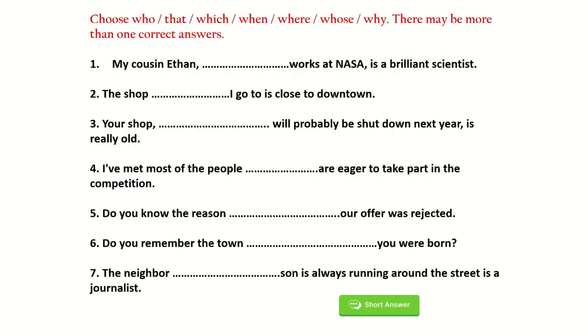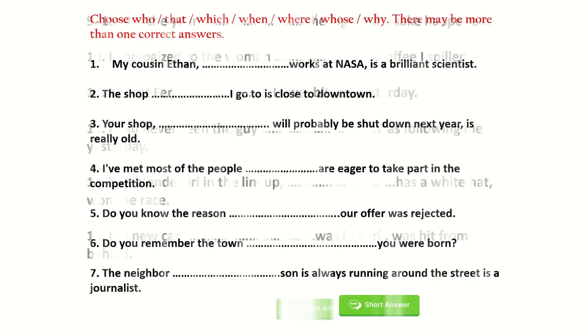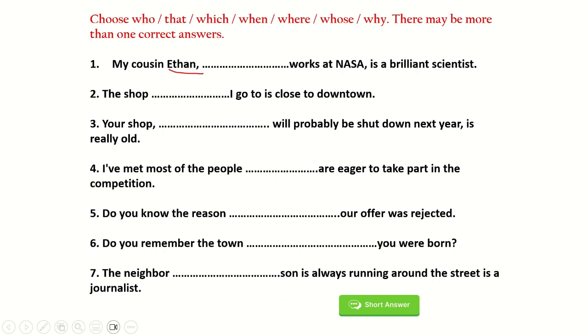Okay, let's fill in the blanks here with a suitable relative pronoun. My cousin Ethan. Ethan is a person, so here I use who. The shop I go to is close to downtown. I'm talking about a place that I go to.